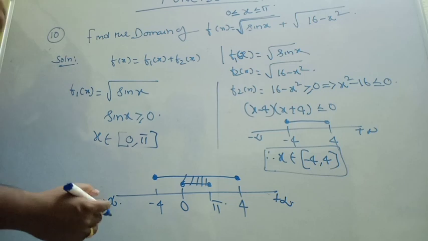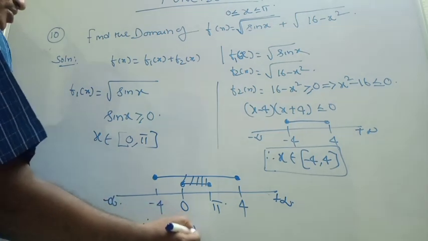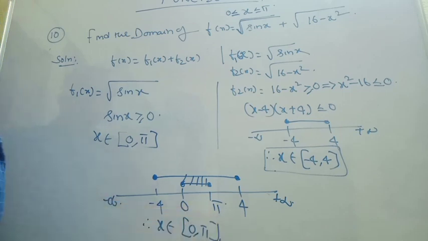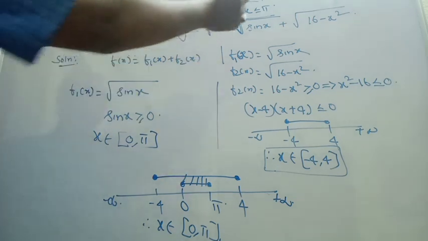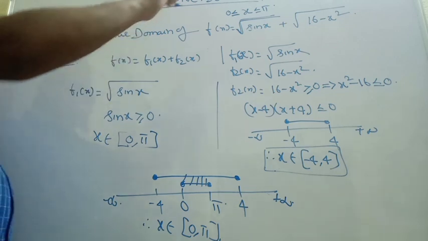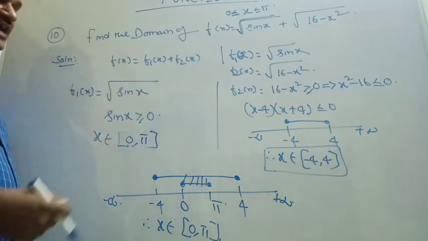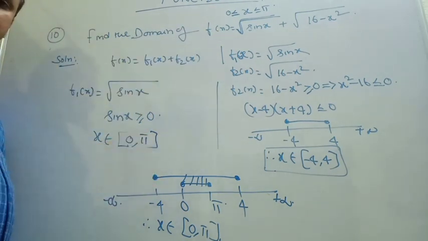Therefore x belongs to 0 to pi is the common solution, which is the domain of this function, such that this one and this one are satisfied. Like this we do whenever we have two functions: we find each one's domain and take the common part. Here the common part is 0 to pi.